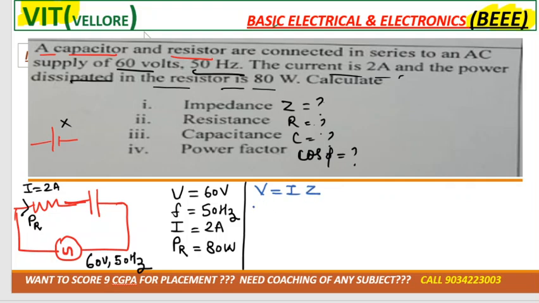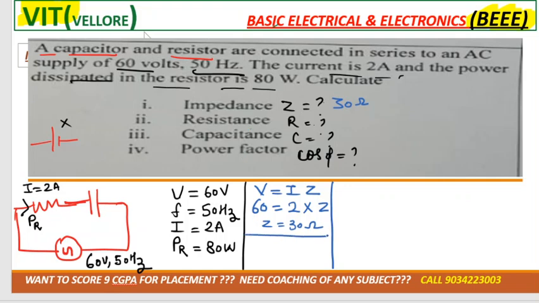Do you know V? That is 60. Do you know current? Can you get Z? 30. Got it? Understood? Now calculate resistance, right?